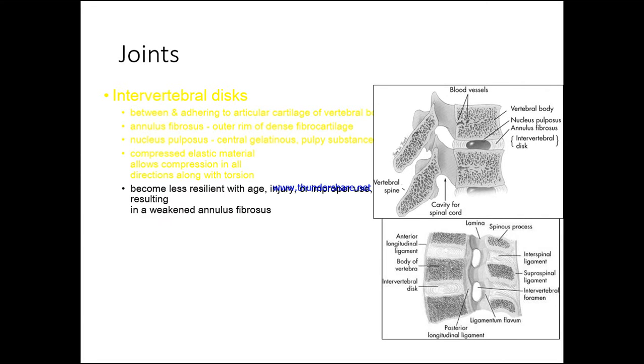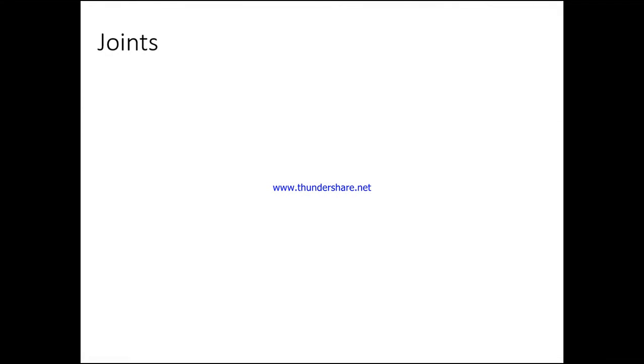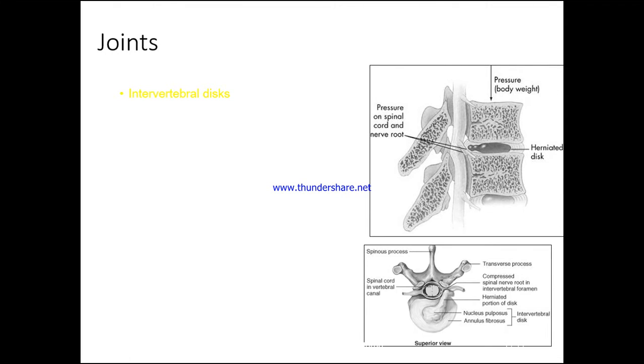We talked about some of the compression issues, such as with spondylitis, and some of the other problems that we see with disc herniations, whether it be unilateral or bilateral compression on nerve roots, and some of the symptoms that you may see with people who have some injuries relating to this.